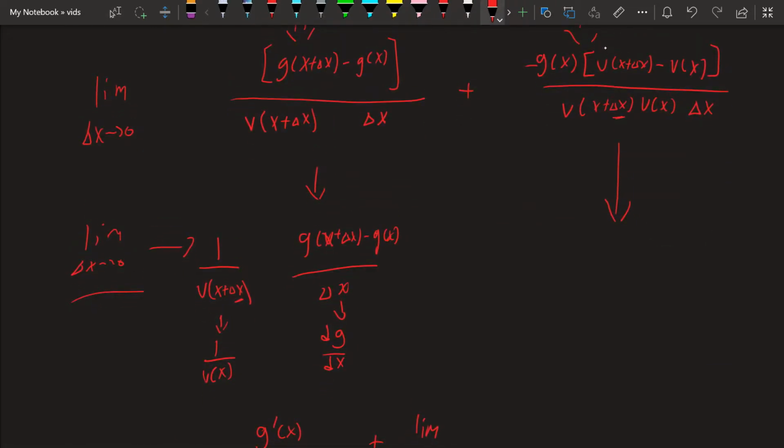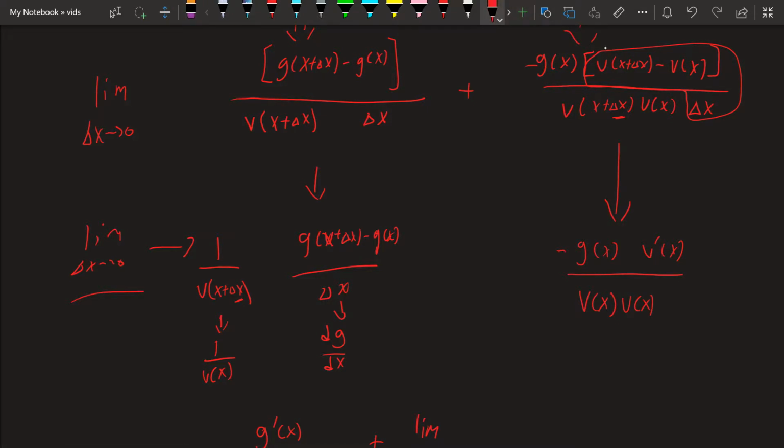As this goes to 0, in the denominator we're left with v of x multiplied by v of x, multiplied by delta x, right? And of course, this fraction from here to here, we have minus g of x here, is just equal to the derivative of v, right?